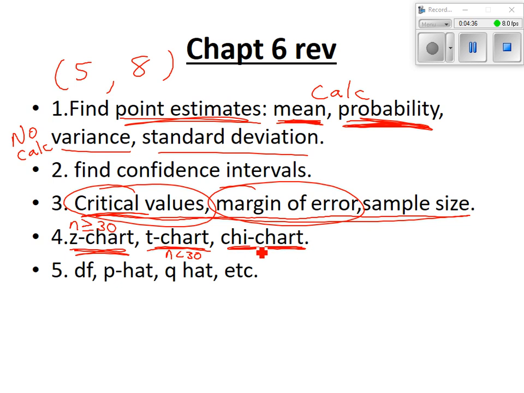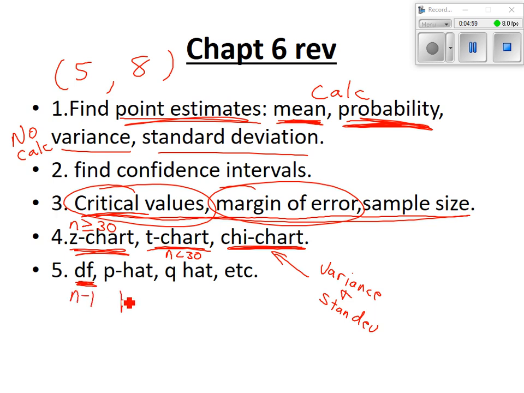Chi chart, use when you're doing variance and standard deviation. So when you're doing those two, that's when you've got to use the chi chart. You need the degrees of freedom for a couple of them. Remember, that's just n minus 1.